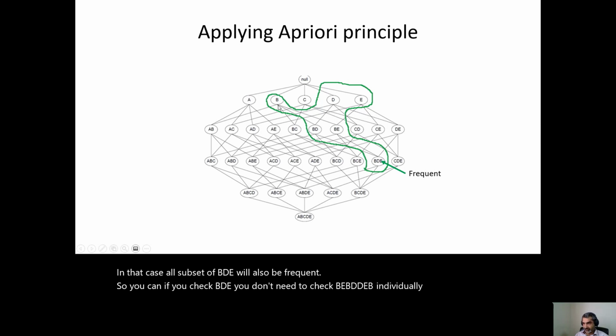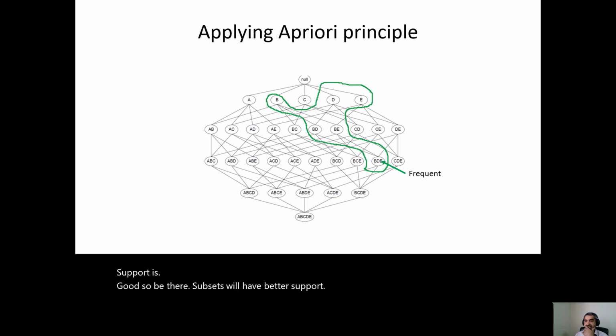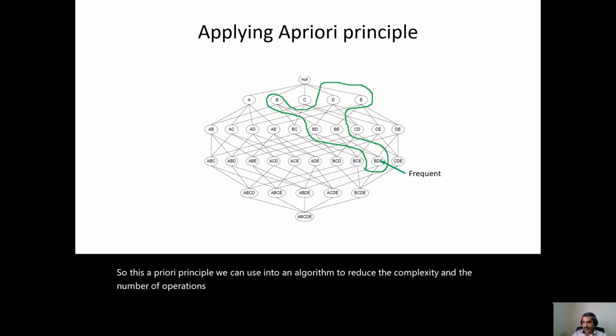By virtue of the a priori principle, you will know that BDE support is good, so their subsets will have better support. So this a priori principle we can use in an algorithm to reduce the complexity and the number of operations we are required to perform to extract association rules.